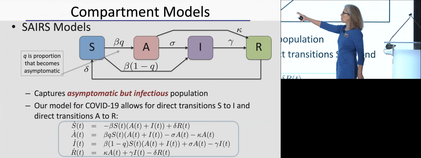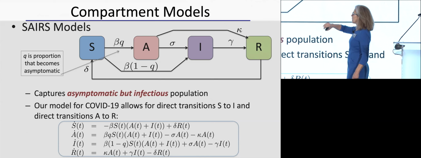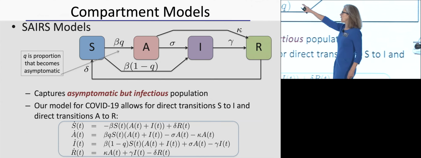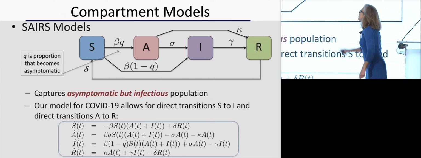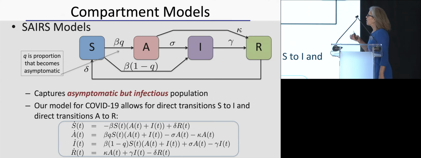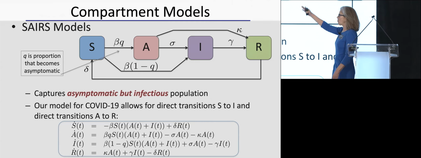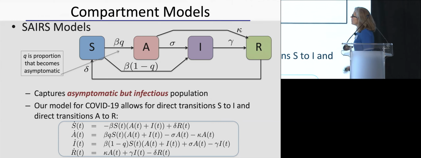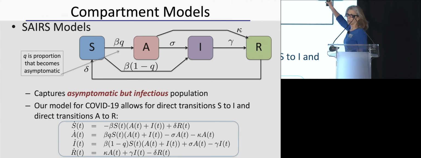So again, we have a susceptible proportion of the population. We assume it transitions to either an asymptomatic infected compartment or a symptomatic infected compartment at some rate beta, but now we're assuming there's some proportion Q that becomes asymptomatic and the rest become symptomatic. And then the asymptomatic may transition directly to the recovered phase.